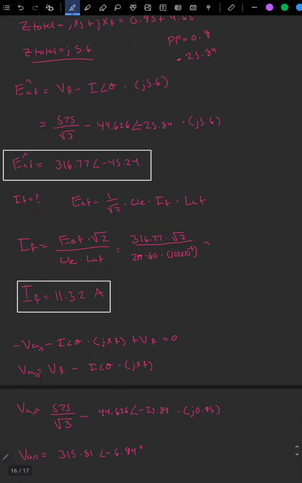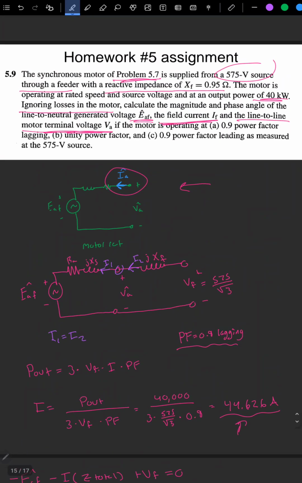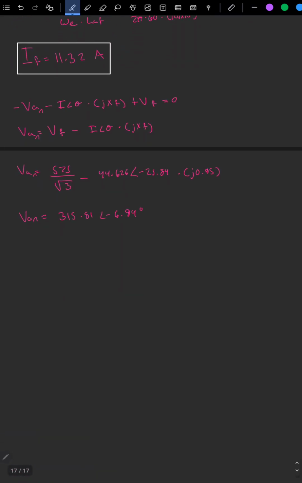But this isn't right. He's specifically asking for the line-to-line VA. This is line to neutral. So how do we fix that? Just slap on a square root of 3. So the total VA is just going to be 315.81 times the square root of 3. It's going to be 546, rounded to 547. And then the phase angle is going to stay the same.